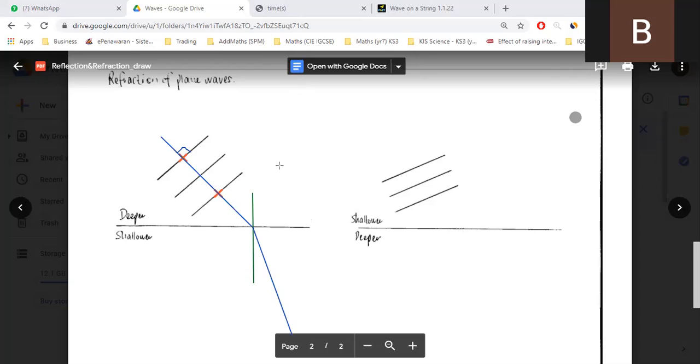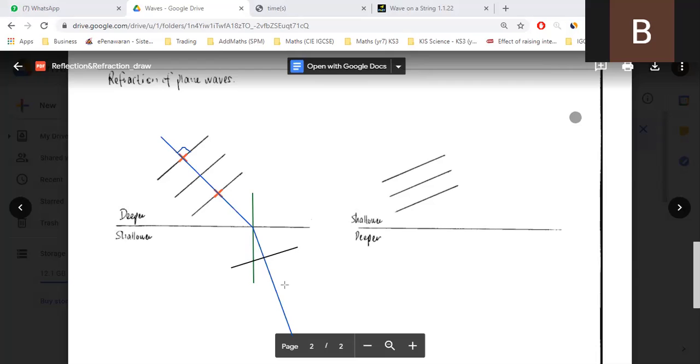Okay, like this. Now after that, I draw my wavefront. Make sure my wavefront is perpendicular to my direction. Now the length doesn't really matter, okay? But of course you don't draw it too short or too long. Make it seem about the same.